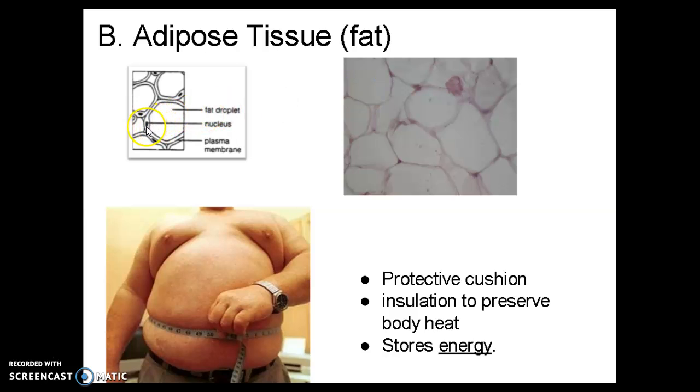As you can see in this sketch, and then in these microscope images, you can see the nucleus, this dark spot in these cells, is pushed to the edge. Fat is important because it protects your internal organs, provides a cushion for them. It provides insulation to preserve your body heat, and it stores energy.